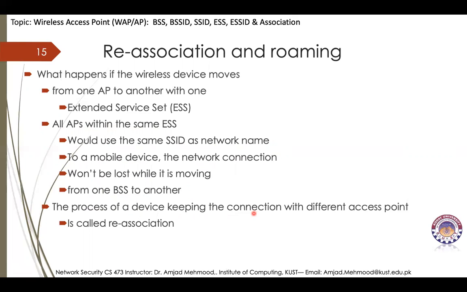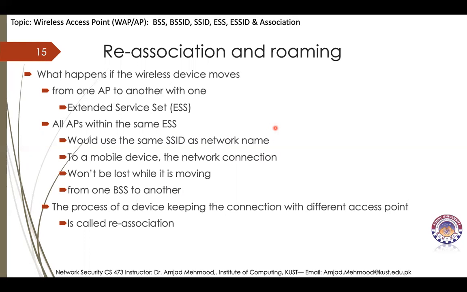As you know, you will be moving from one BSS to another. This means the extended service set comes into play, and you will be connected to another access point without your knowledge.